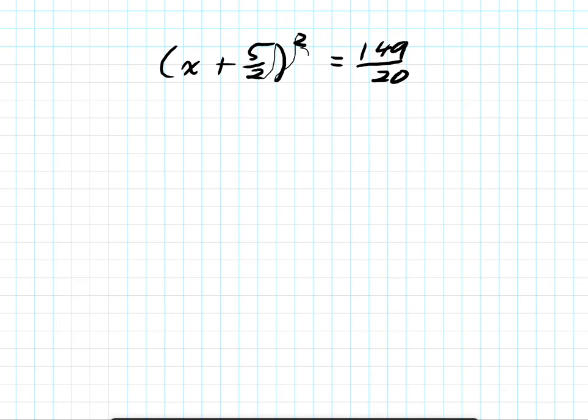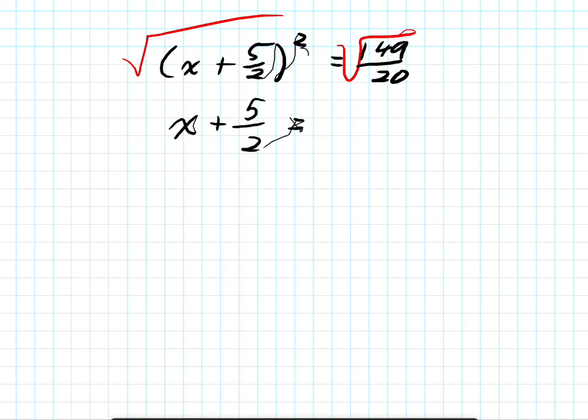We're at this point. I have to square root both sides of the equation, just like you've seen a couple times over. When I square root this, we end up with x plus 5/2. And then this number here, we're just going to leave it as a positive or negative square root. We're going to say plus or minus the root of a fraction, which is 149/20.